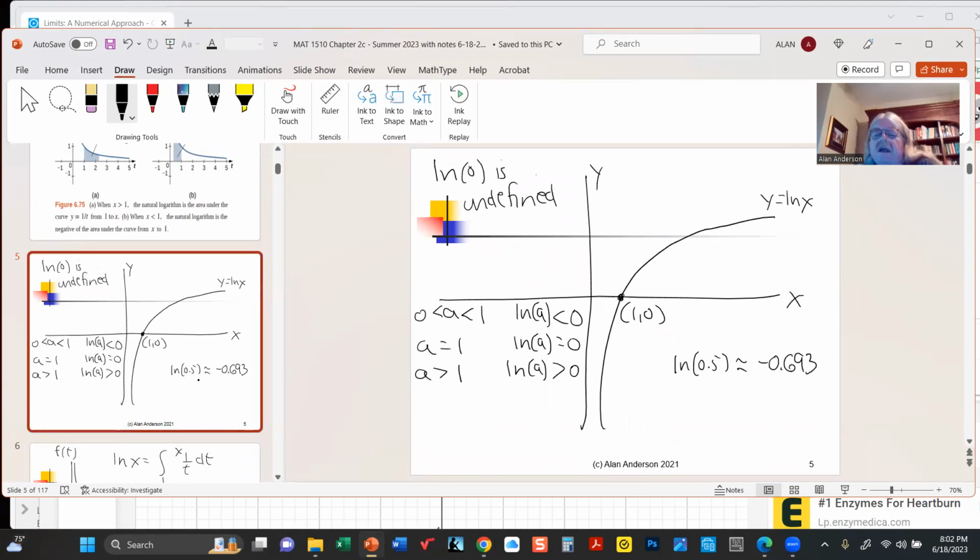Sorry. So it's a negative number, but the way we define integrals is that the areas under the horizontal axis are defined as having negative areas. So that's what this is all about. Anything in that region is going to have a negative log. Okay, so as it says here, if a is between 0 and 1, the log will be negative. Log of 1 is 0 exactly, and then the log of anything above that, let's say 1.5, is going to be positive. Let's see what it is. It's approximately 0.405.